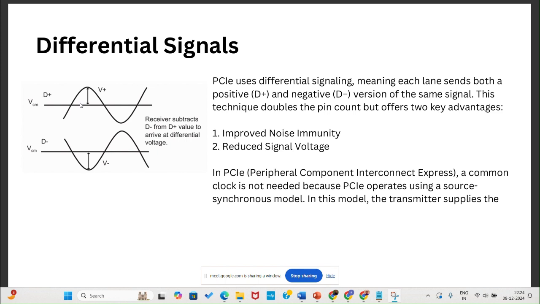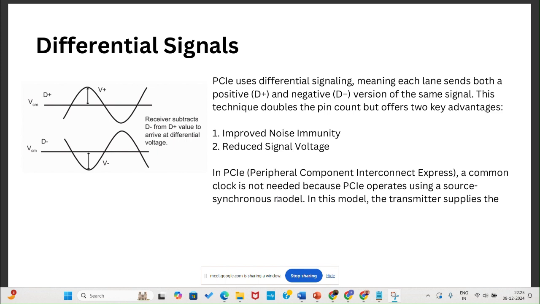Any noise affecting one affects the other equally. The receiver measures the difference between the two signals and cancels out the noise, improving signal integrity. Next is the reduced signal voltage. Differential signaling operates at lower voltages, reducing power consumption and allowing faster transmission speeds.